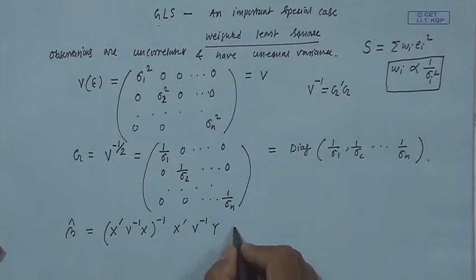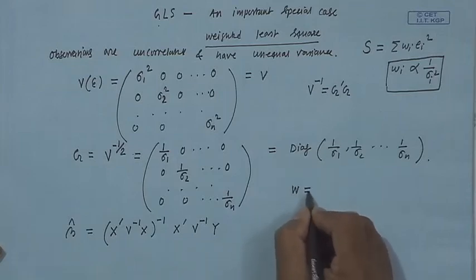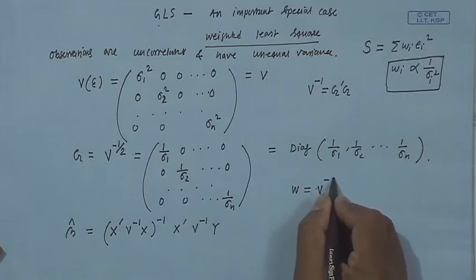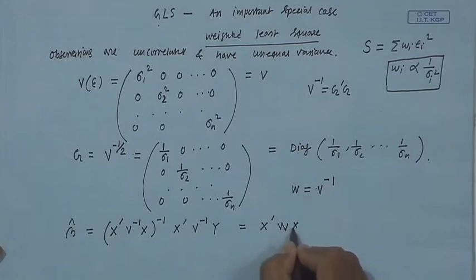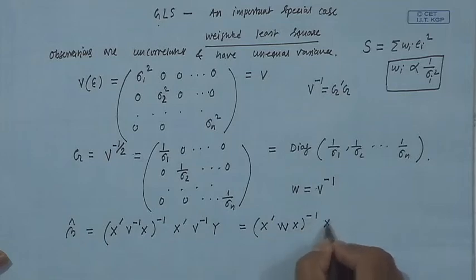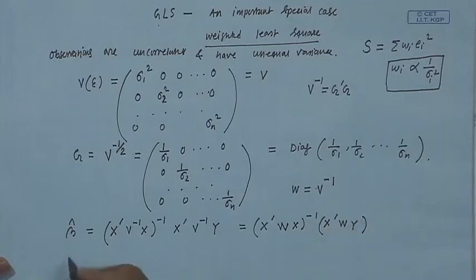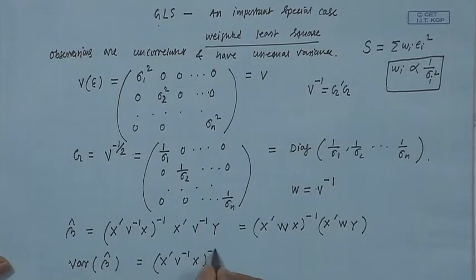And if we write my weight W equal to V inverse, then this is nothing but x prime W x inverse x prime W y, and variance of beta hat is equal to x prime V inverse x inverse, which is equal to x prime W x inverse.